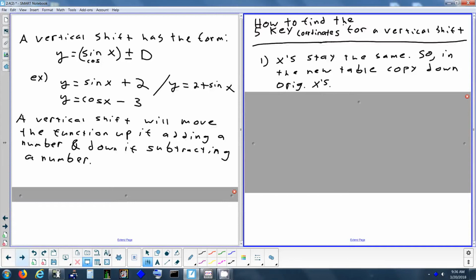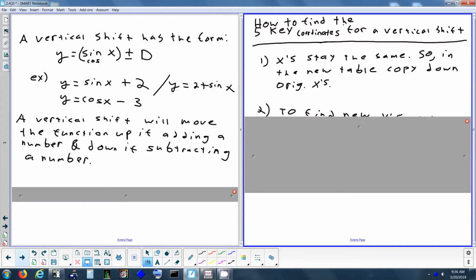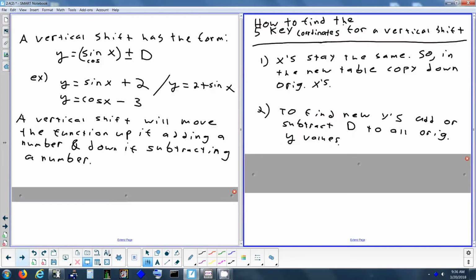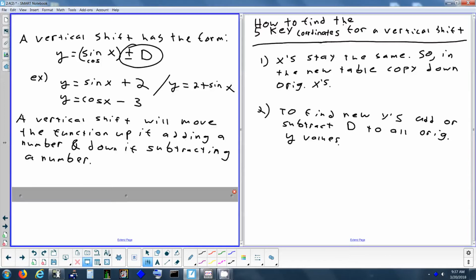That's the y's. So to find the new y values, you add or subtract d, which is whatever is on the end of the equation. Like in this case, it's plus 2. In that case, it's minus 3. Add or subtract d to all the original values. Don't do the opposite. This is not phase shift.